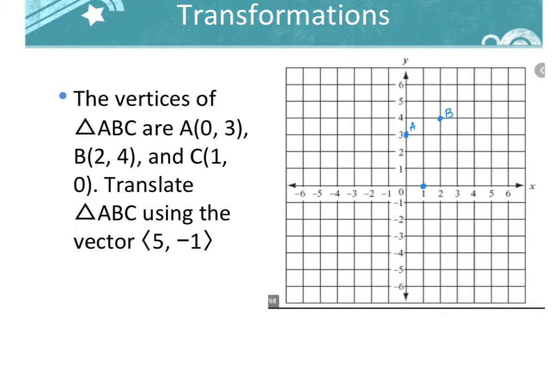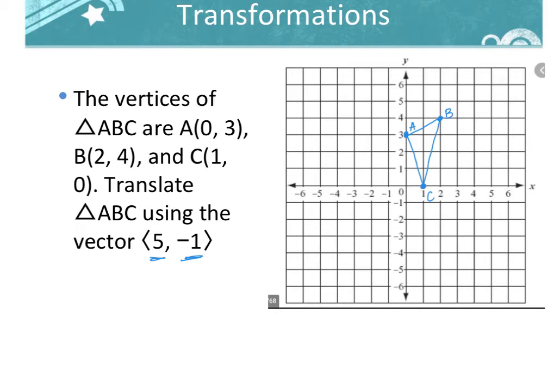Over 1, up 0. This is C. So if we connected all of these dots, we would get a triangle. And it wants us to shift this triangle 5 units to the right and 1 unit down, okay? We're going to apply this vector to this image, okay?